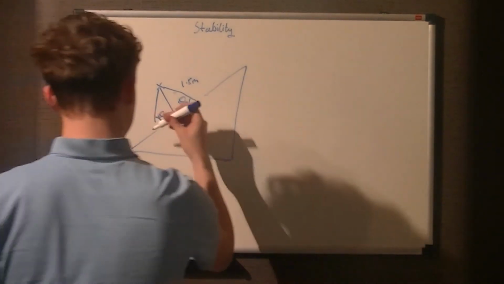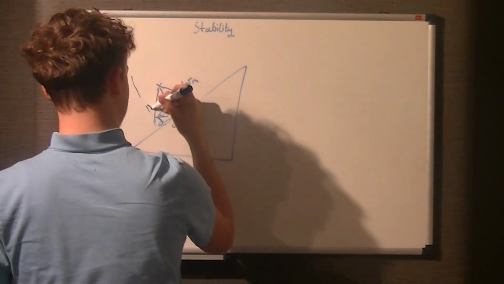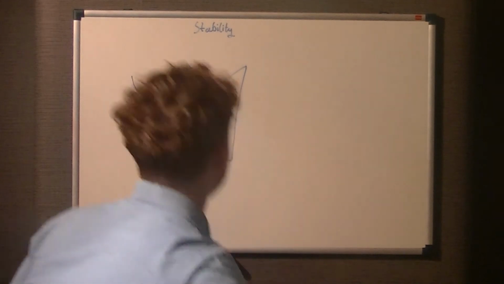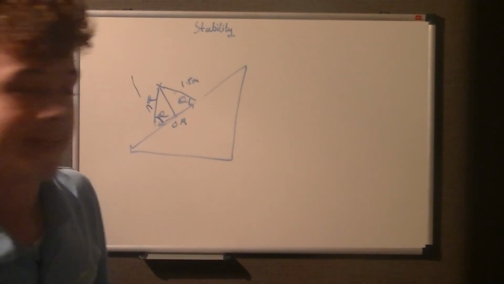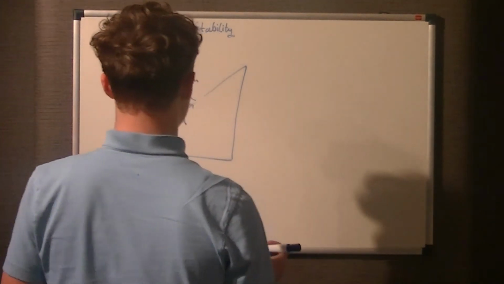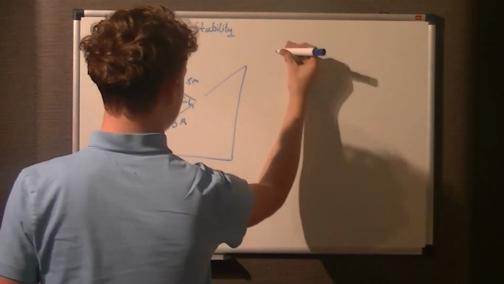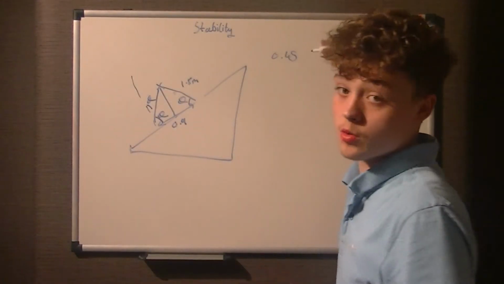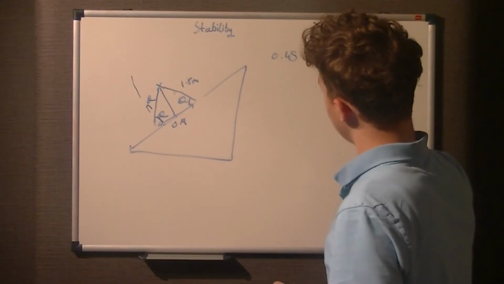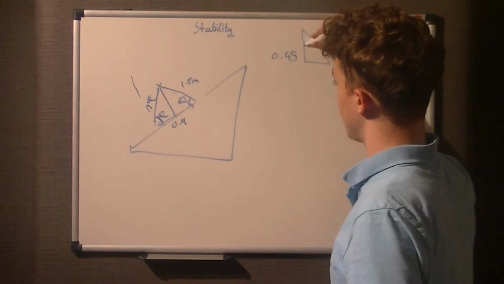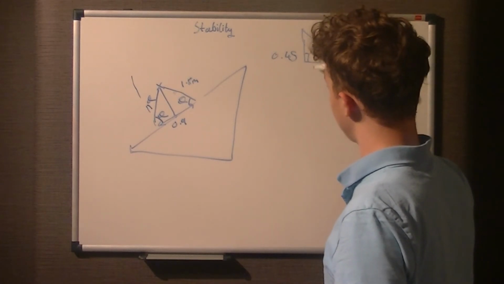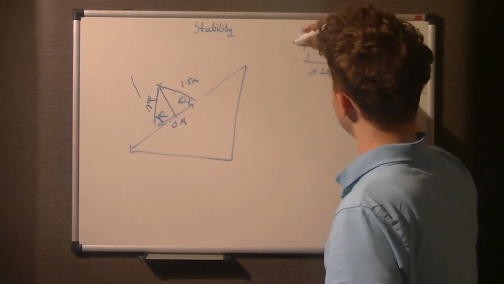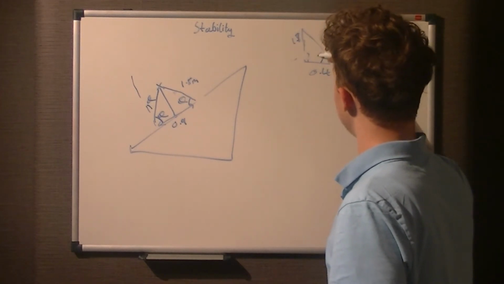So we want to work out this angle, up to 90 degrees, when it falls over. So what we need to do is work out this angle here. We're using trigonometry. Half of 0.9 is 0.45. So if we draw it into a right-angled triangle, it's 0.45 along the bottom and 1.8 along the top, and we want to work out that angle.